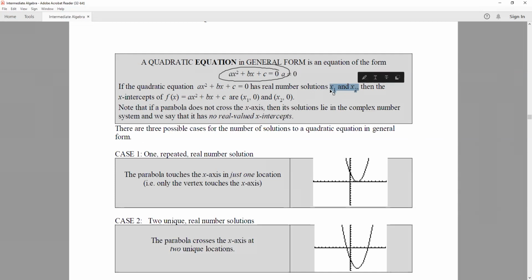The x's are going to be our solutions, and we are saying that the quadratic equation should have real number solutions. Now, calculating for your x's, remember from what we've done so far, it's like calculating for your x-intercept, really. Because y is 0, right? We just talked about that. Y is 0.